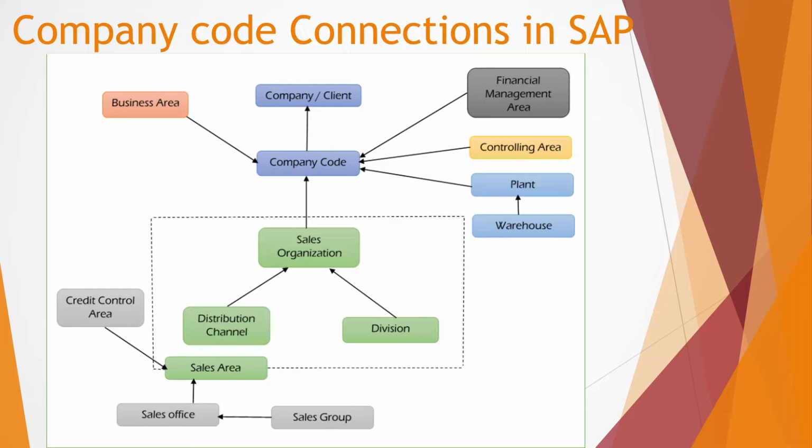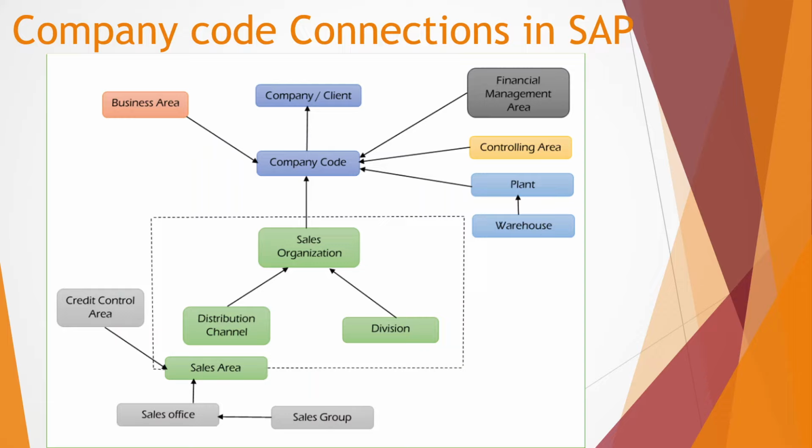It will connect with the company, the business area, the financial management area, it can have a connection with the controlling area, plant, sales org, then credit control area it can have directly, and so on. And every component or org unit in the SAP system is connected with another org unit in the system.